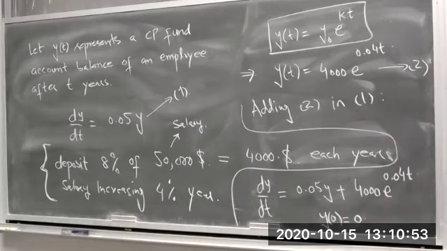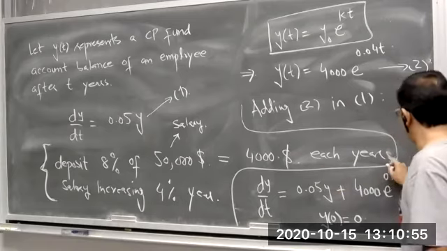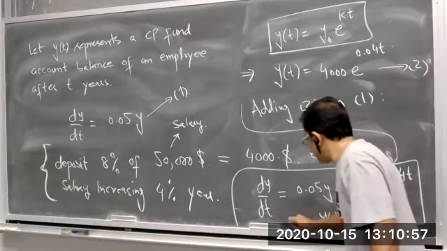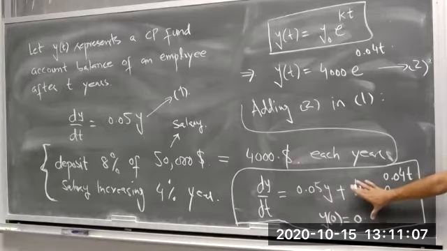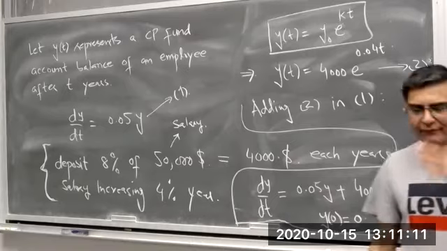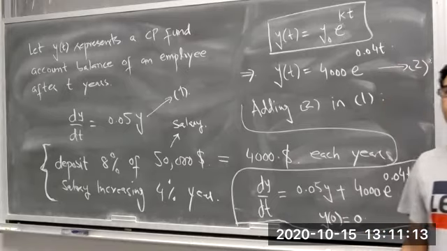Okay, so this is the mathematical model which represents the CP fund account balance after t years. So you have to solve this differential equation in order to compute the CP fund account balance after a certain number of years.